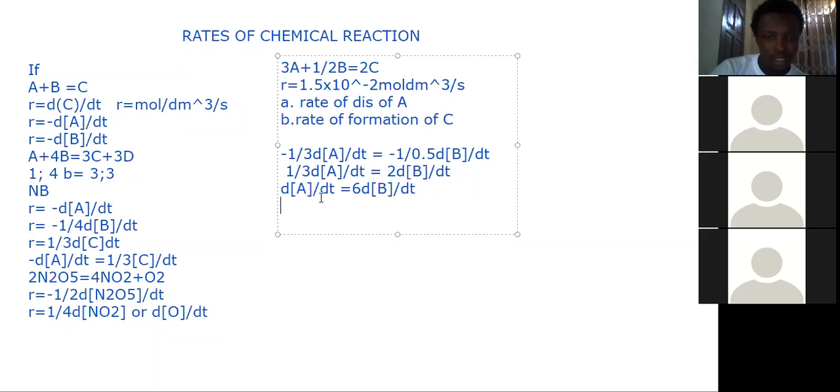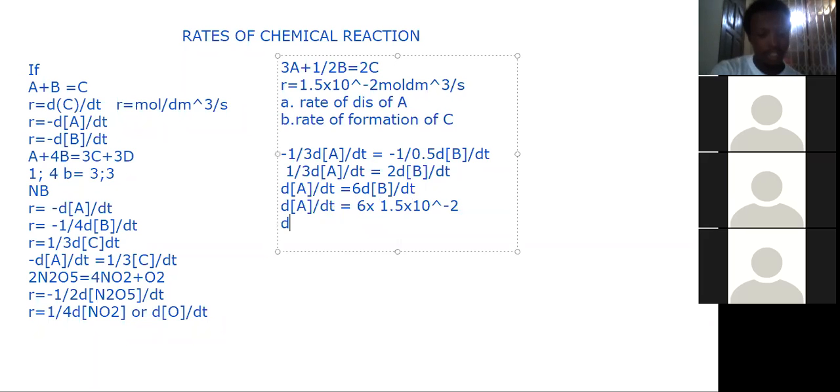Now we are looking for the A, but we know that we've been given that of the B. The rate of B is this one. So we just factor this one here. So the disappearance of A will give us dA slash dt is equal to 6 multiplied by 1.5 times 10 to the power minus 2 mole per dm cube per second.